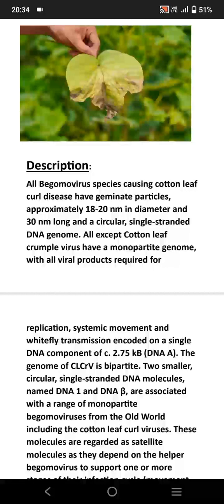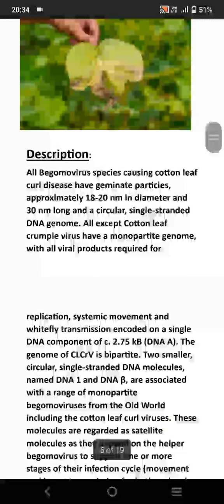The genome of cotton leaf curl virus is bipartite. Two smaller circular single-stranded DNA molecules named DNA1 and DNA beta are associated with the range of monopartite begomoviruses from the Old World, including the cotton leaf curl viruses.